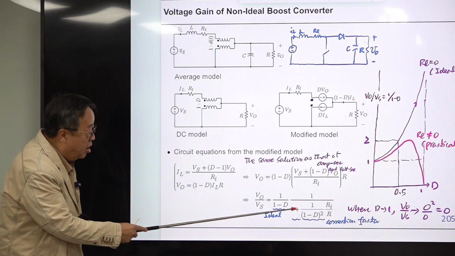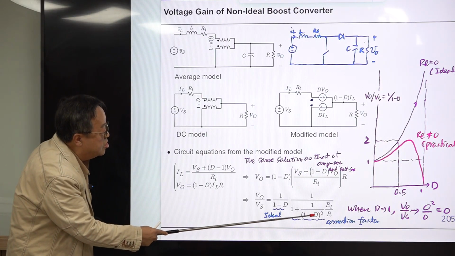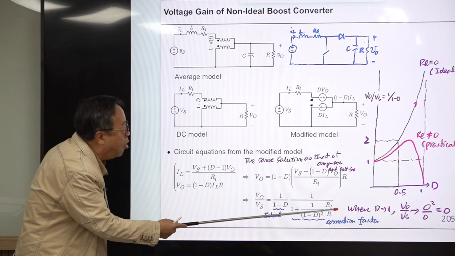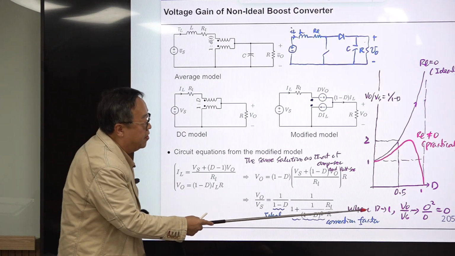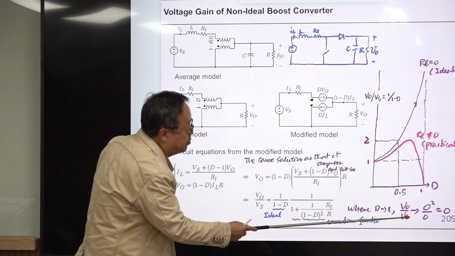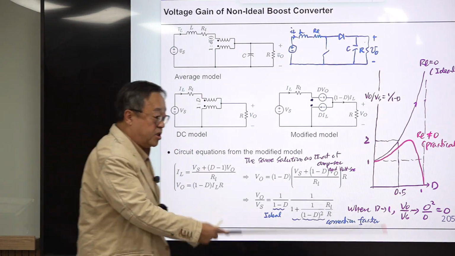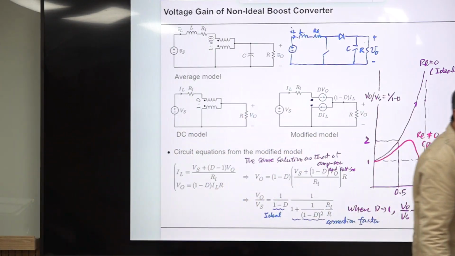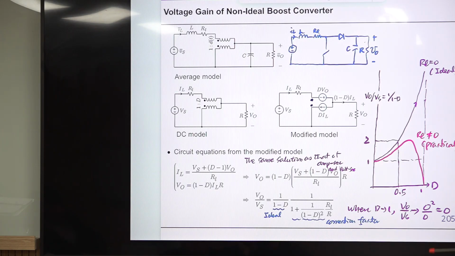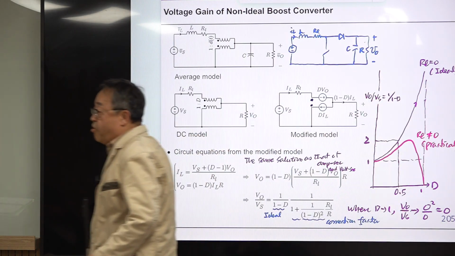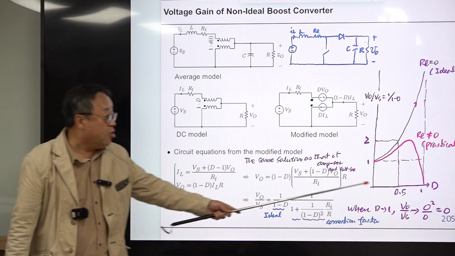It goes to the upstairs. Then when D goes to 1, in the downstairs there is 1 zero. In upstairs there are 2 zeros, 0 squared. So the zeros cancel, and this is 0, right? So this numerator dominates, so the gain is 0. So our voltage converges to this.